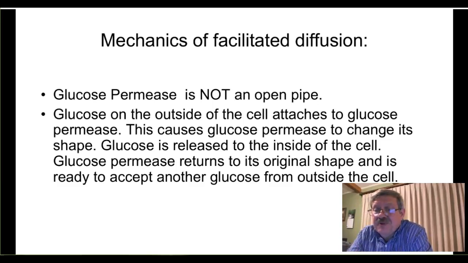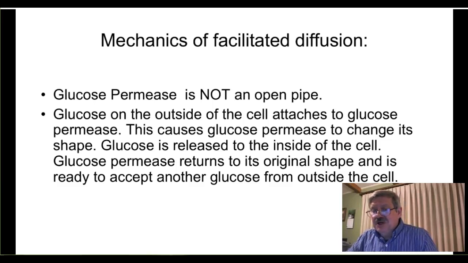The glucose permease returns to its original shape, and it is ready to pick up another glucose molecule on the outside of the cell. So notice that this glucose permease is a carrier protein. The carrier protein is one that will bond with the material it's transporting, change its shape, drop the material off on the inside of the cell, go back to its original shape.